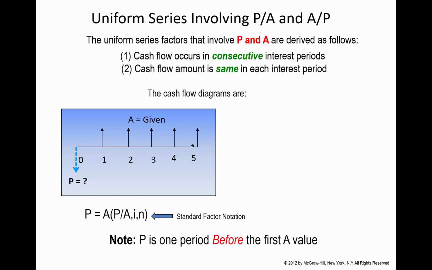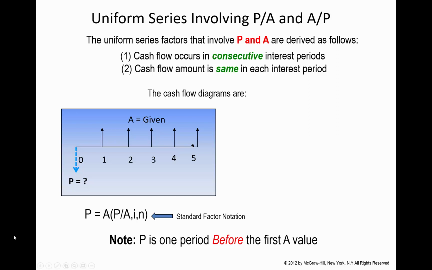The point is we've done these kinds of problems before where we would use the standard notation, and summarizing the problem, P, in this case, would be a known A value multiplied by the factor. And so inside the parentheses there, we got some practice in Wednesday's class on summarizing problem types inside the parentheses.